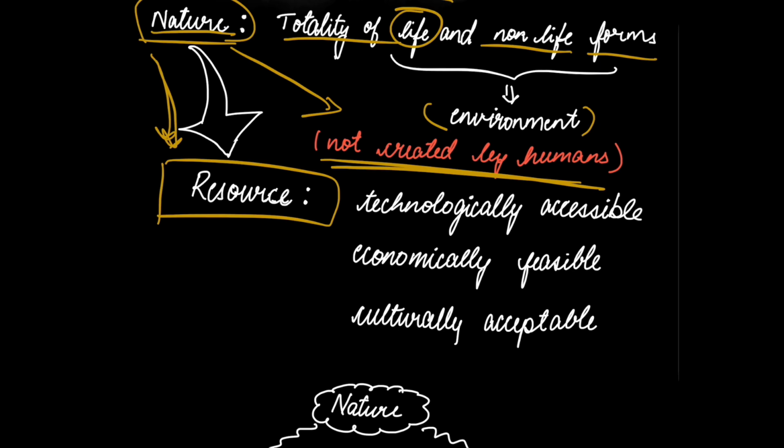And for an element to be called a resource, there are three main criteria. The first, it should be technologically accessible. That is, we should have the techniques to extract those elements, and it should be economically feasible.